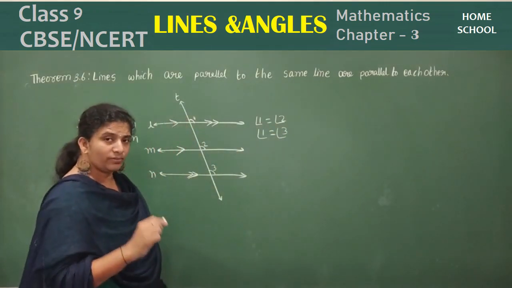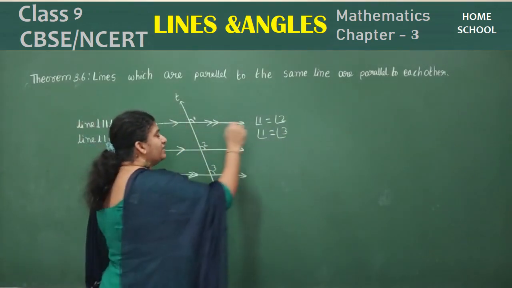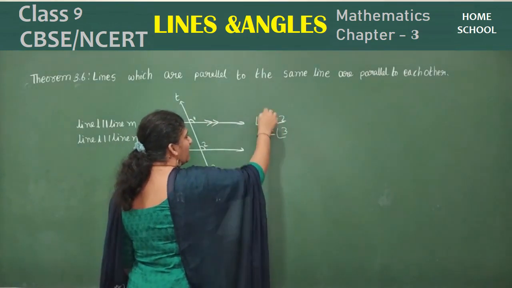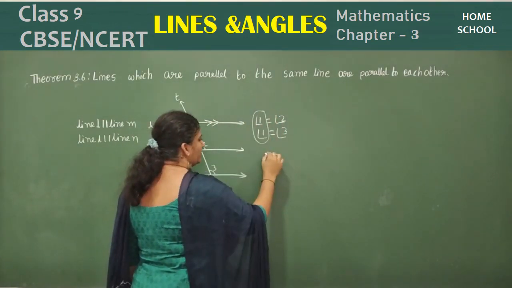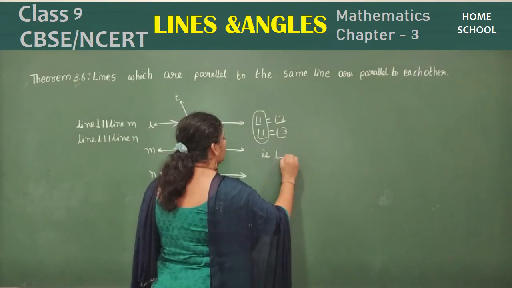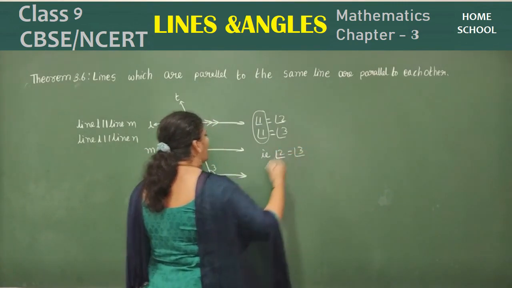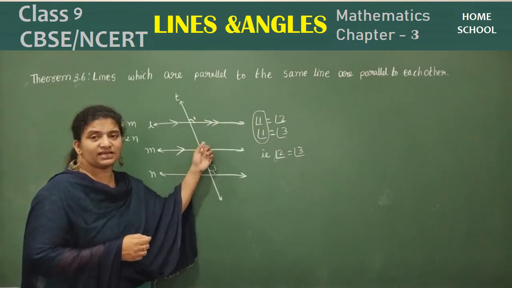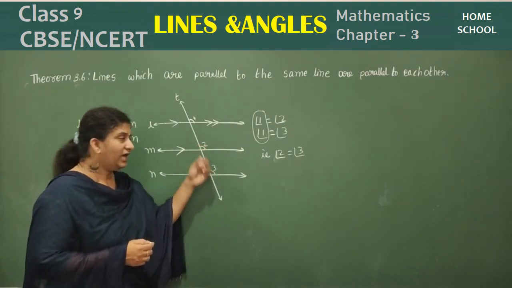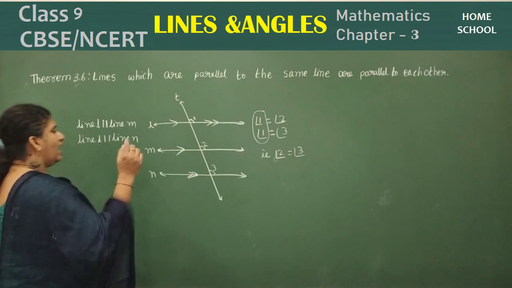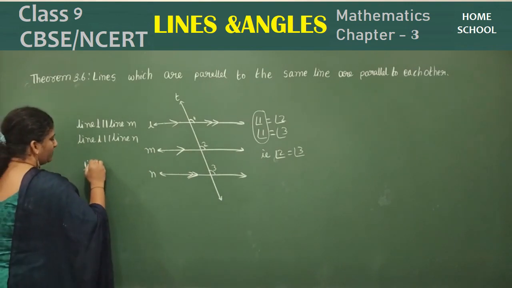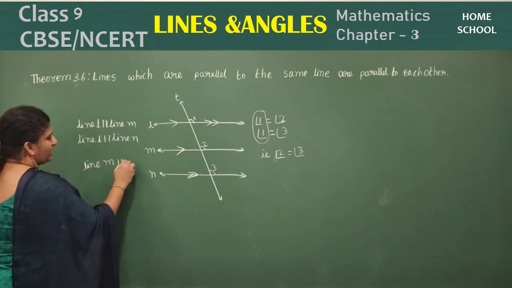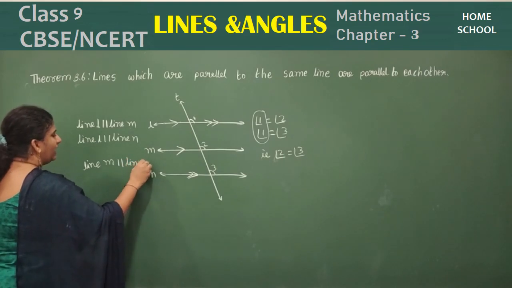Now you remember axiom 1: things which are equal to the same thing are equal to one another. That is, angle 2 is equal to angle 3. Therefore these two corresponding angles are equal. If they are equal, I can say that line M is parallel to line N.